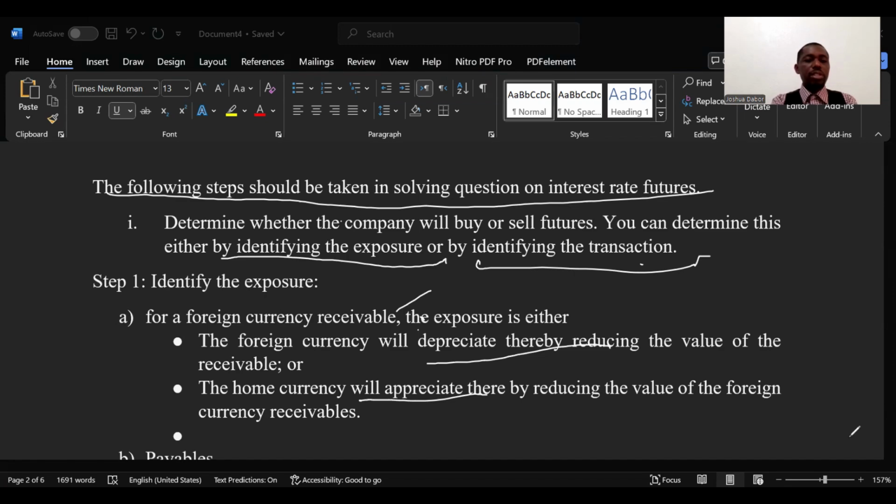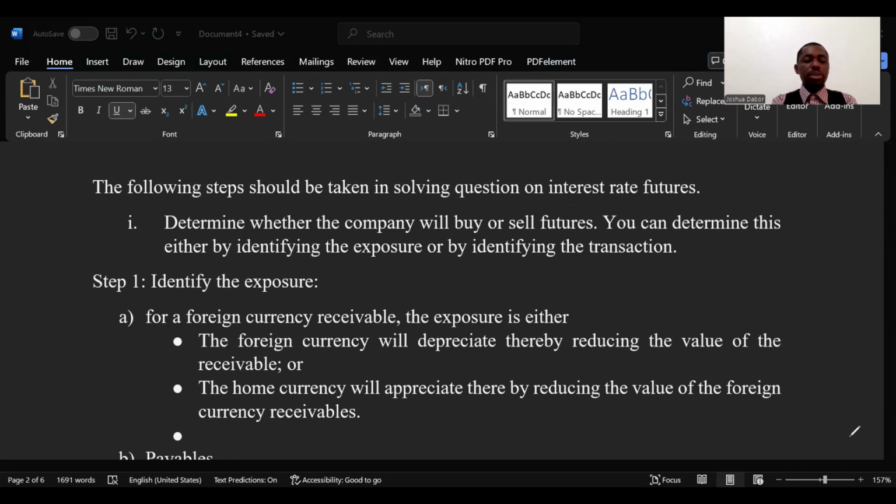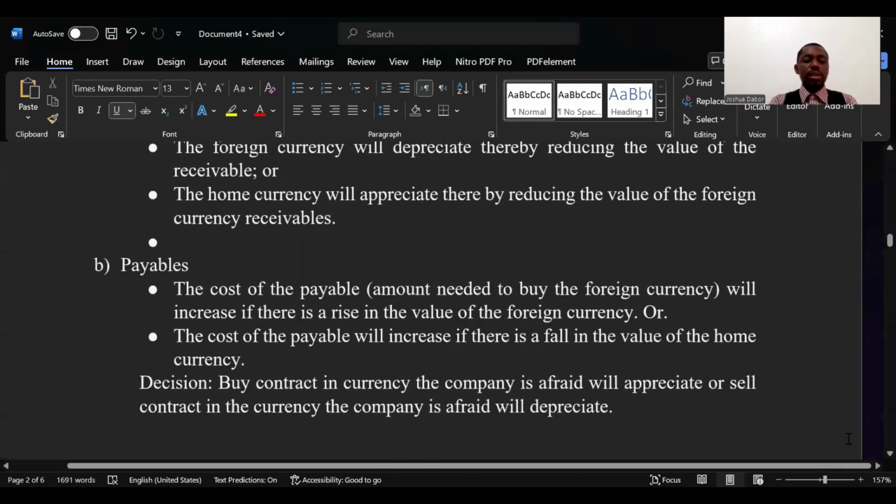Before I scroll down, let me see if you're going to get it from my example on the previous slide. In this situation, what will be the decision for a foreign currency receivable? Are you buying the foreign currency or selling the foreign currency? I believe you got it.